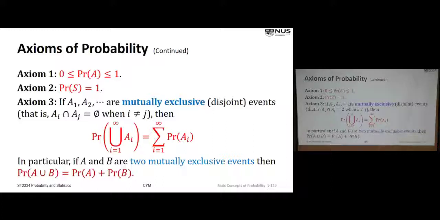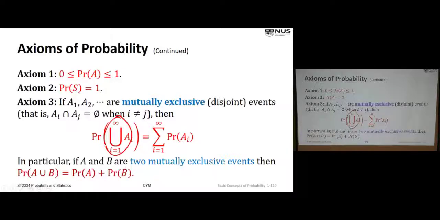Now the third one is a little bit hard. It's saying that if you have an infinite number of mutually exclusive events, A1, A2 up to AK, and so on, it cannot stop, it's infinity, then the union of all these is an event.